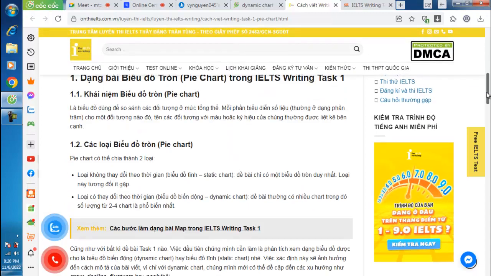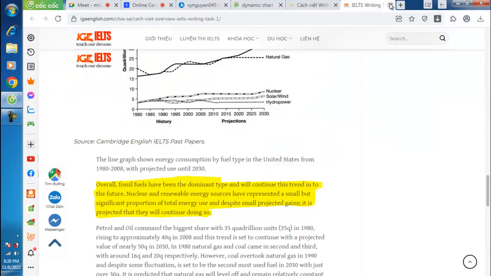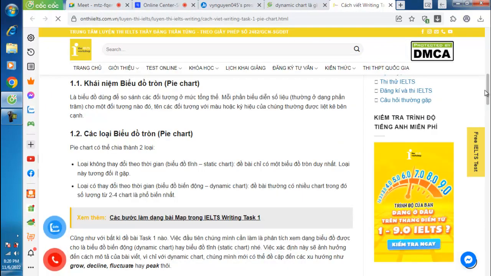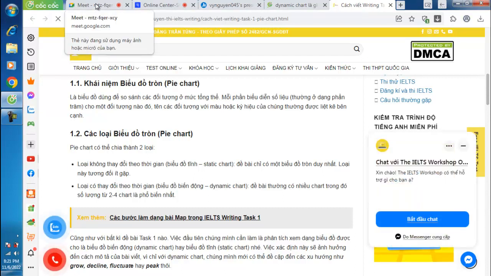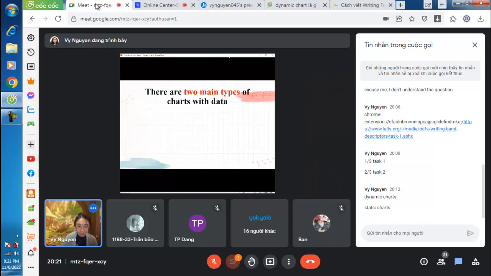Okay, so I'm gonna share my screen with you guys and we will learn what a dynamic and a static chart is. Like I said before, there are two types.